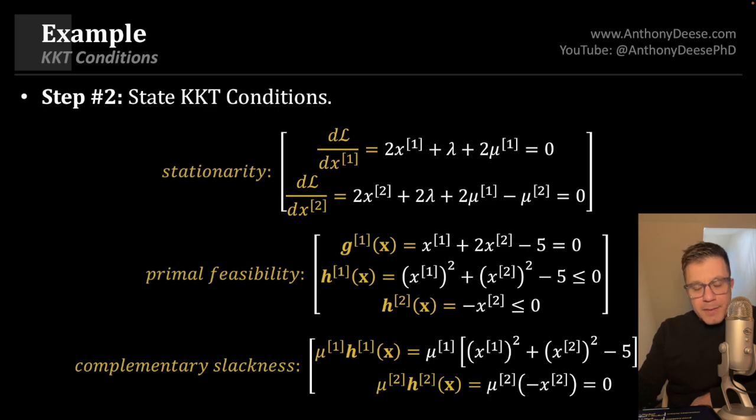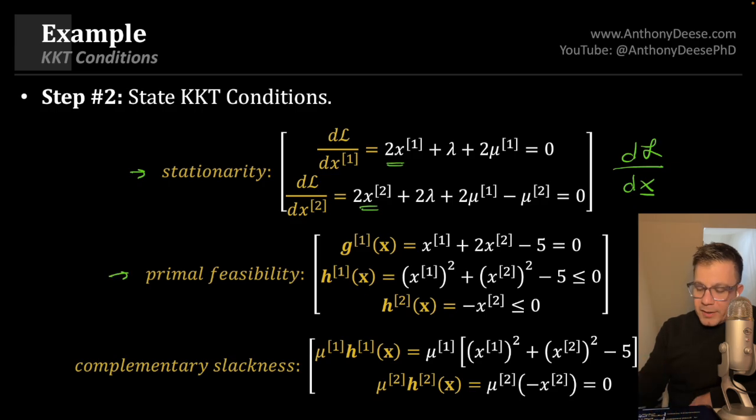Okay, next step is to state the KKT conditions. We begin with stationarity, and for that we need to take the derivative of the Lagrangian with respect to all of the decision variables, in this case both x1 and x2, and what we end up with are these two expressions.